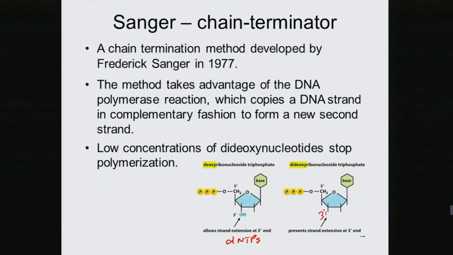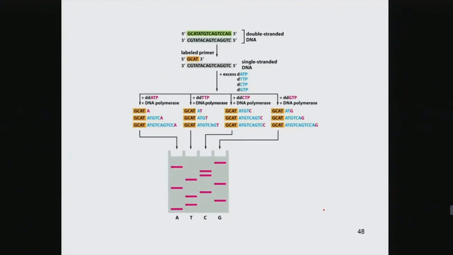Okay, so based on this, he developed a strategy where you would actually take your strand that you want to replicate. You would add in your primer. Again, this is radiolabeled. You would set up 4 different test tubes. You would add in your dNTPs, and these would all be in excess. So all of your dNTPs, the regular ones.